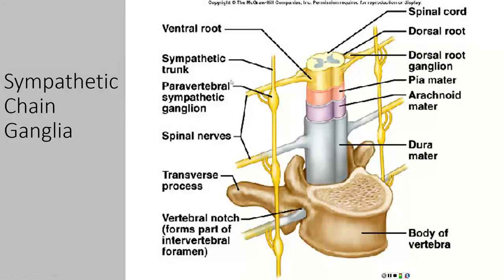Here's just to kind of demonstrate what I was talking about. Here's the spinal cord. Here we do see a vertebrae. But right next to the spinal cord, there's these things called the sympathetic chain ganglia. Here's one. Here's one. Here's one. These are those ganglia right next to the spinal cord that I was talking about. But it's not the entire spinal cord.